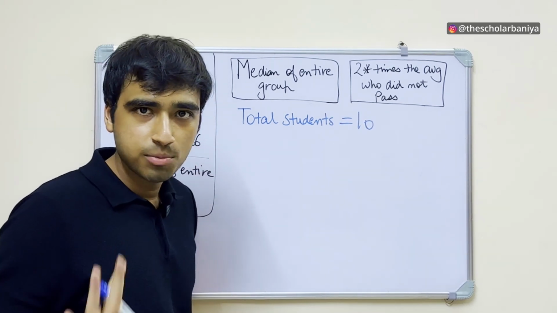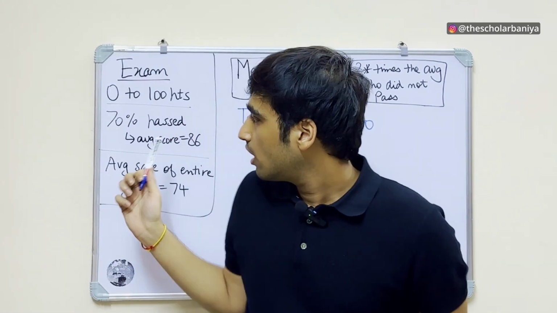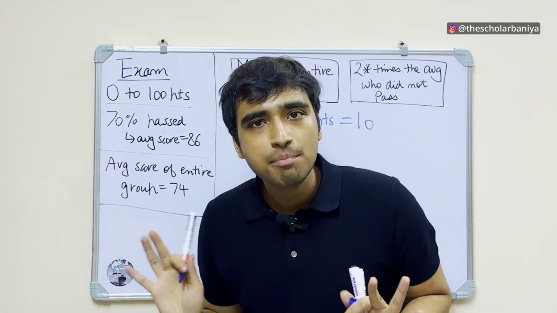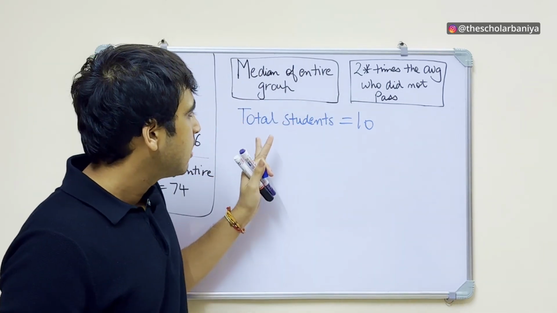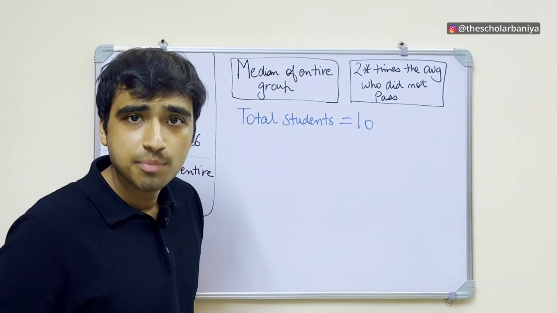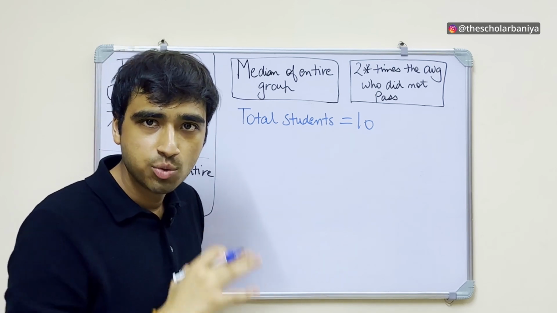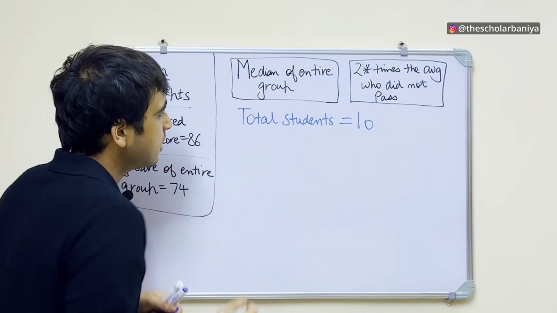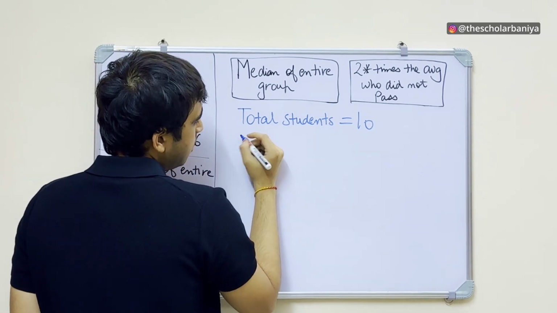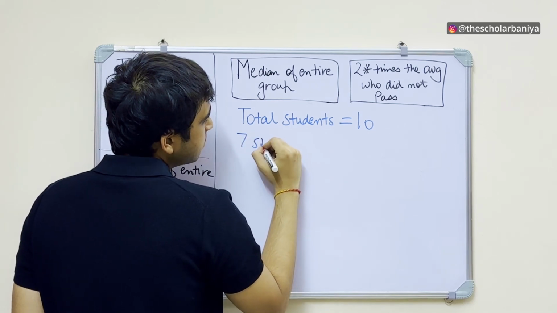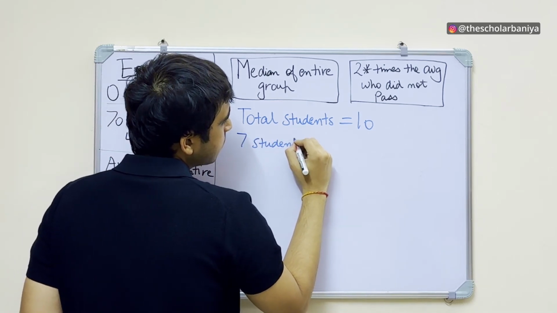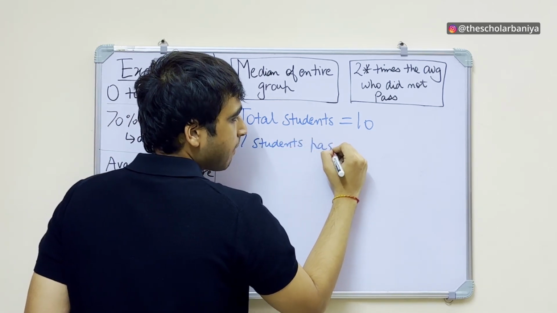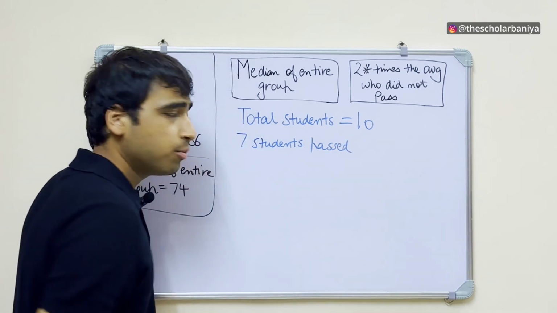Now what are we saying? 70% passed. That means 70% of the 10 students passed, so 7 out of 10 students passed the exam.